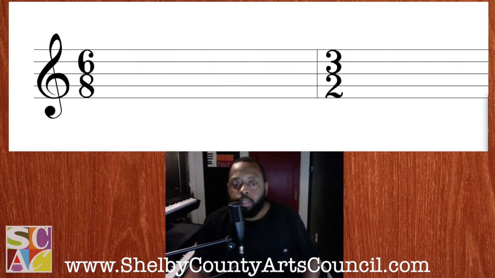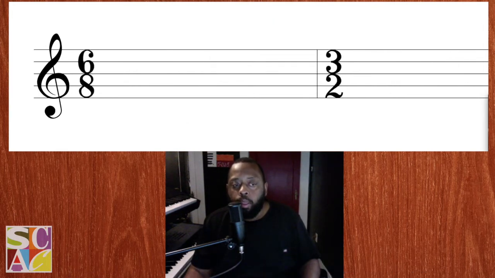Now we're going to discuss one more time signature, and it's this here to the left. It's called 6/8 time. Now, as you can see, the number has changed. Now we have a 6, which means that there are only 6 beats that are allowed to complete this measure. Now, the number on the bottom has changed from 4 to 8.